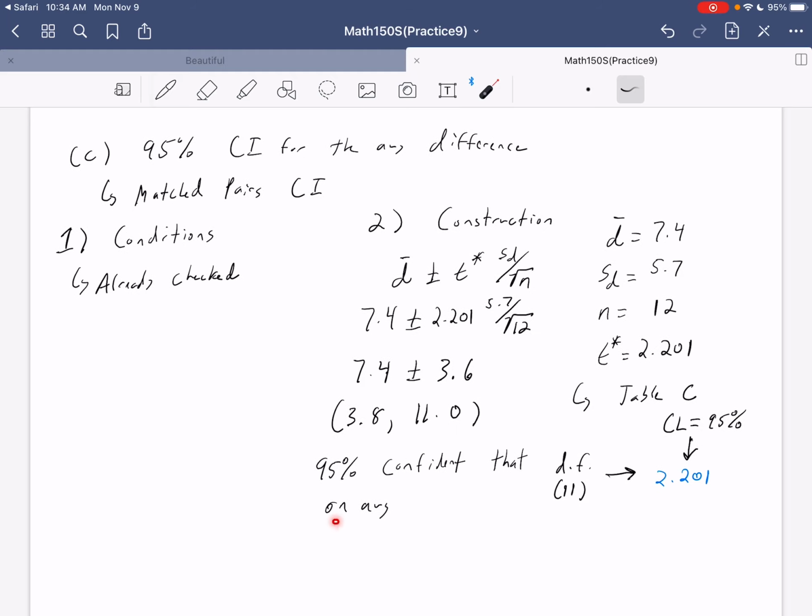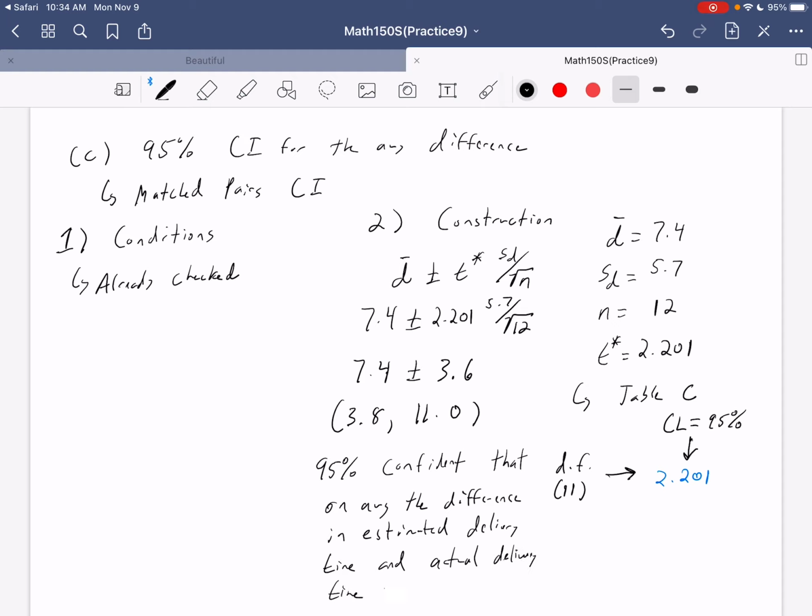Remember, we were estimating average difference, so 95% confident that on average, the difference in estimated delivery time and actual delivery time is between 3.8 and 11.0 minutes.